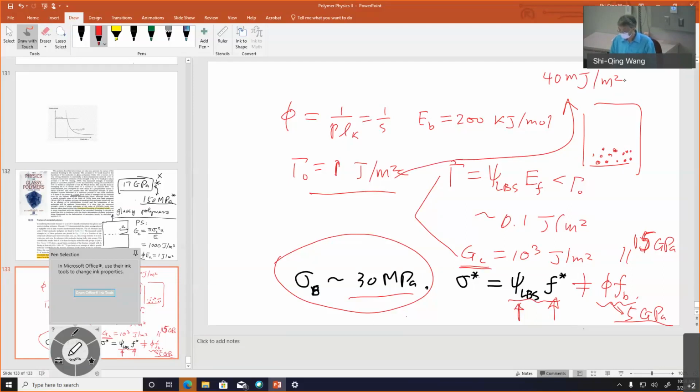And the question is this: when you have a 4 orders of magnitude difference between GC and gamma, is it good enough for you to blame that this is just because we have not included processes such as plasticity and plastic deformation?